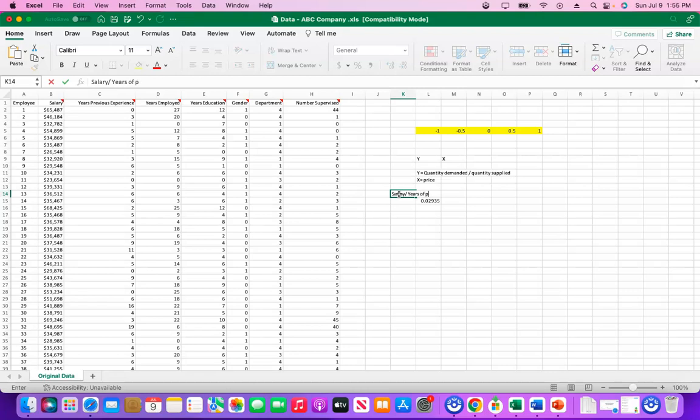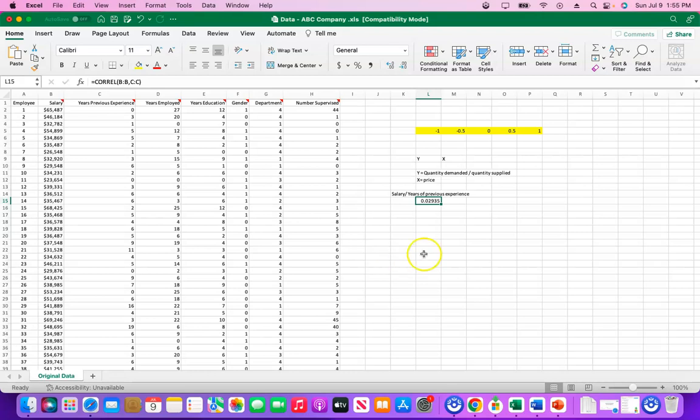So let me write here, years of previous experience. The correlation between salary and years of previous experience in our case is 0.029, or 0.03.